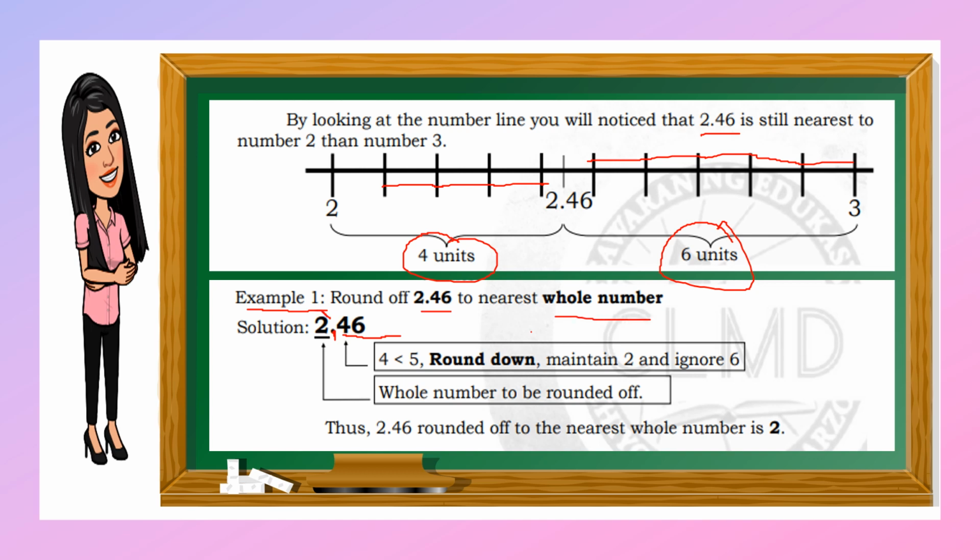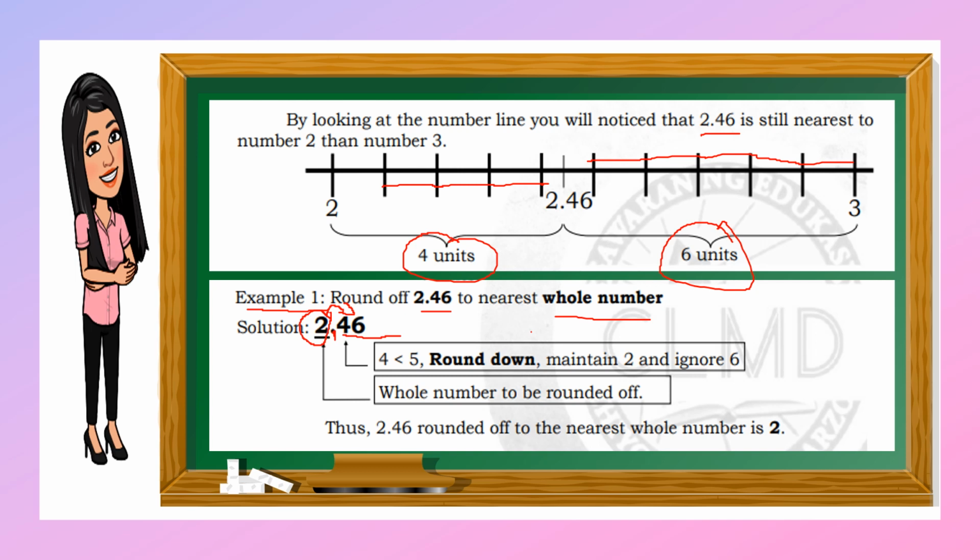Now, our instruction in number 1 is to round off 2 and 46 hundredths to the nearest whole number. Since si 2 ang ating whole number, titignan natin yung number sa likod niya. So, if it is 5, 6, 7, 8, 9, you're going to add 1. But if the number is 4, 3, 2, 1, it will remain as 2. So, round down.